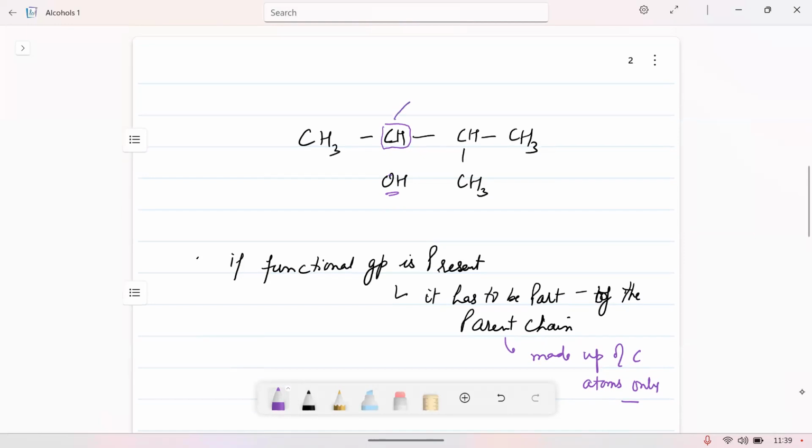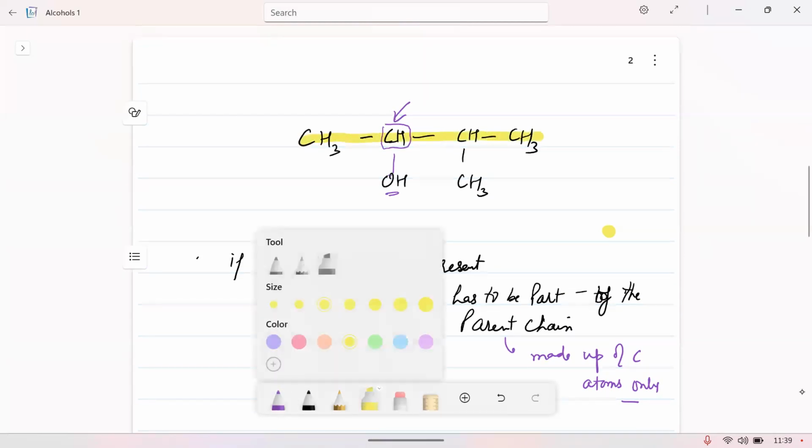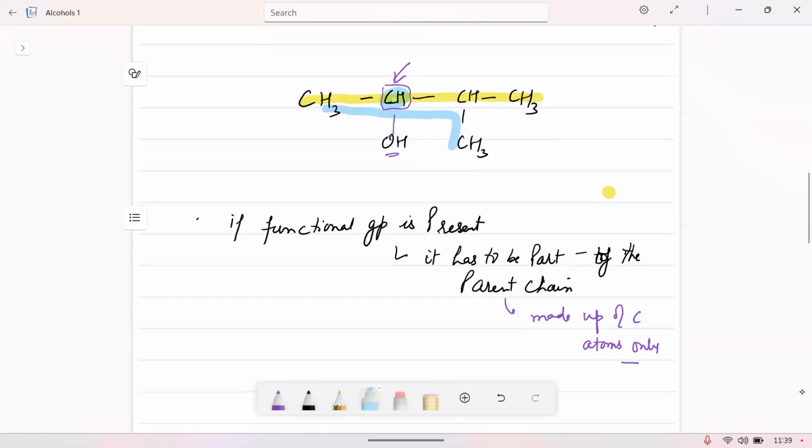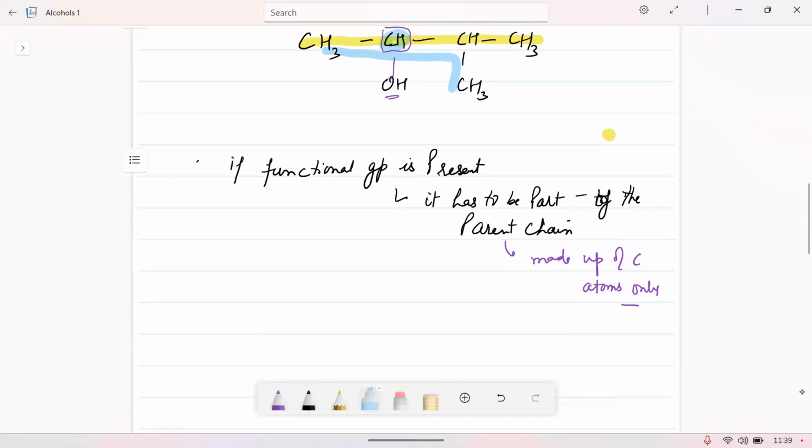This carbon which contains the OH needs to be part of the parent chain. That is one thing. So right now, we can take this as a parent chain, or you can take even this one. You will end up with the same name. In both cases, the carbon that carries the OH, that is the functional group, is a part of the parent chain.